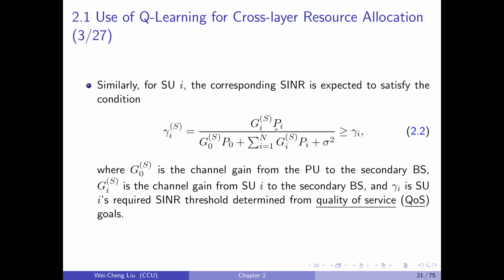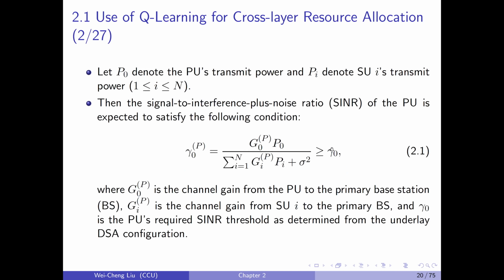And what is the meaning of Pi, P0 and sigma square? Okay, let us look at the previous slide.